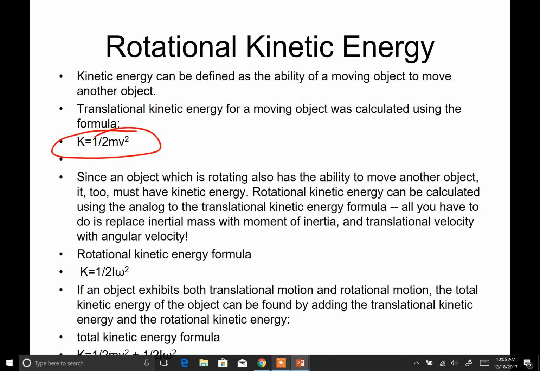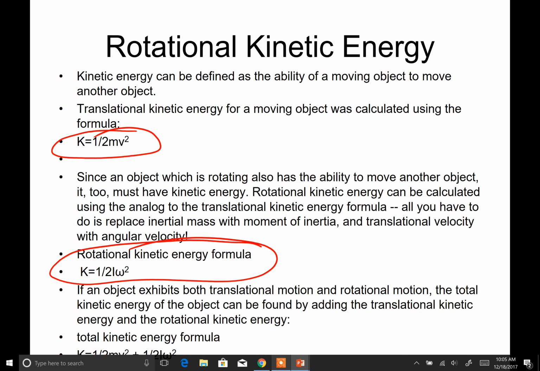We might think of kinetic energy as the ability of an object to move something. Rotating objects also have kinetic energy, and we can calculate that rotational kinetic energy using a translational analog. Essentially, rotational kinetic energy is equal to 1/2 times the moment of inertia times the angular velocity squared.